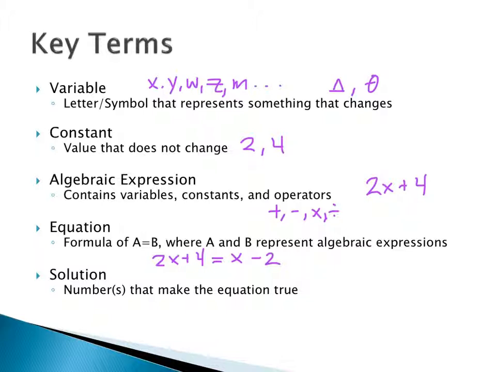In the case of this example, 2x plus 4 equals x minus 2, x is going to represent some number, whatever it may be, and that number is going to satisfy this equation. The purpose of this lesson is to take these algebraic equations and try to find that solution, that number that satisfies that equation.